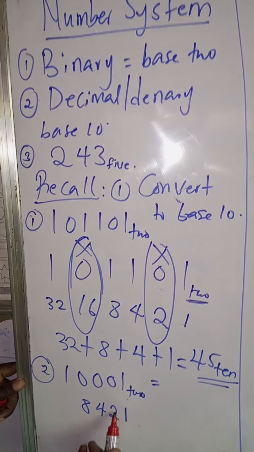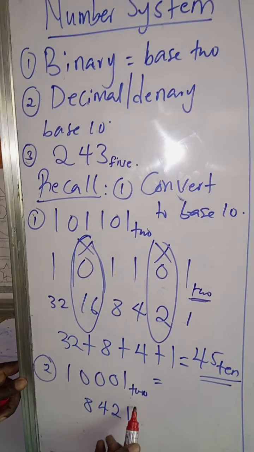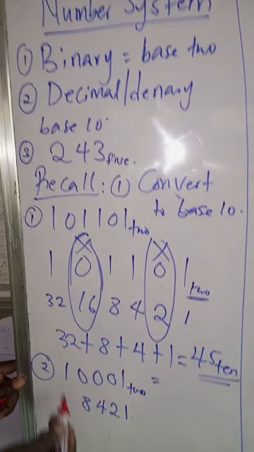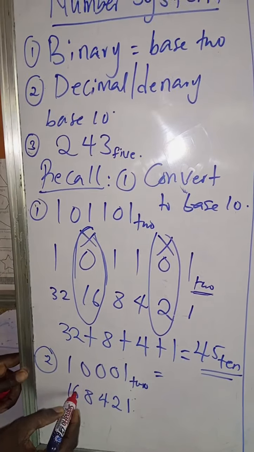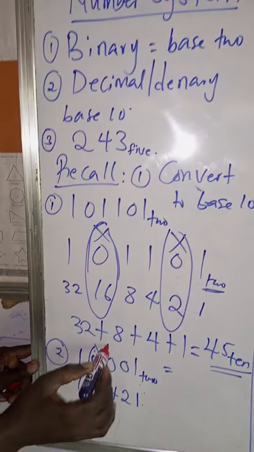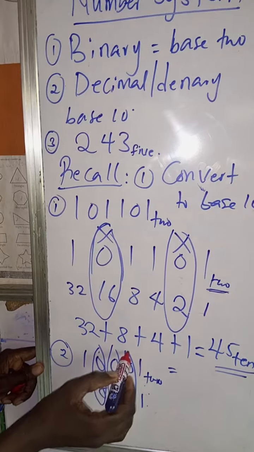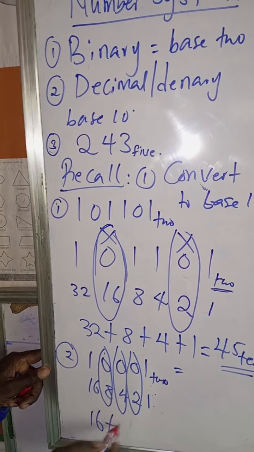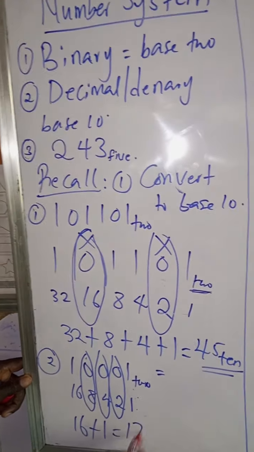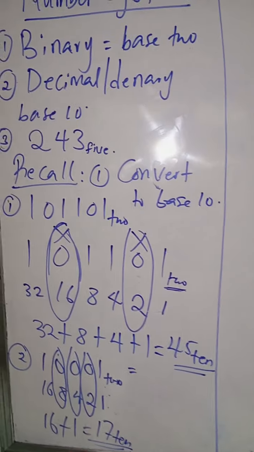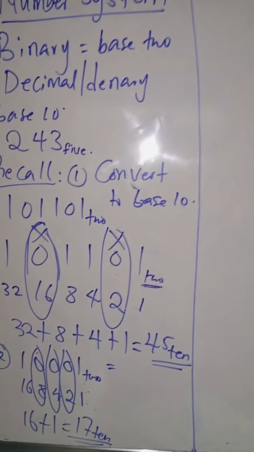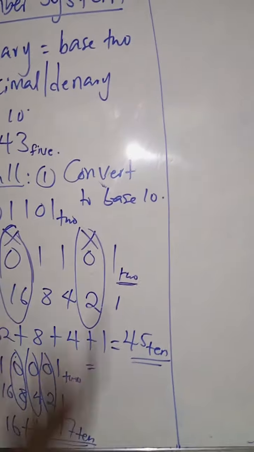The next one will be 16. So I cancel these out and I am left with 16 plus 1. My answer will just be 17. I'm talking in terms of objective questions and quizzes, so I just give these tips.